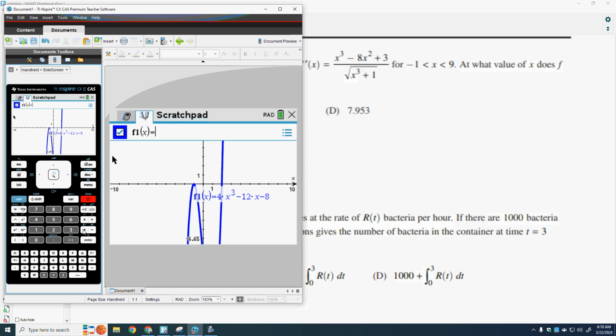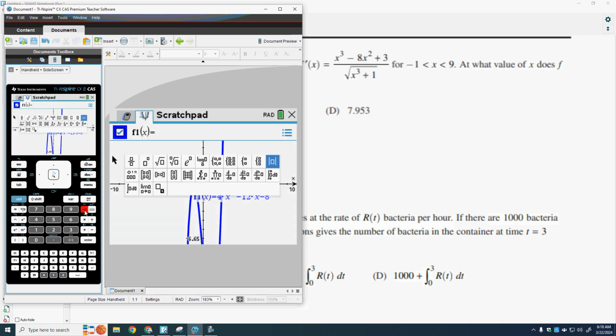And I'm going to retype in fraction button, x cubed. Why is it not liking me?